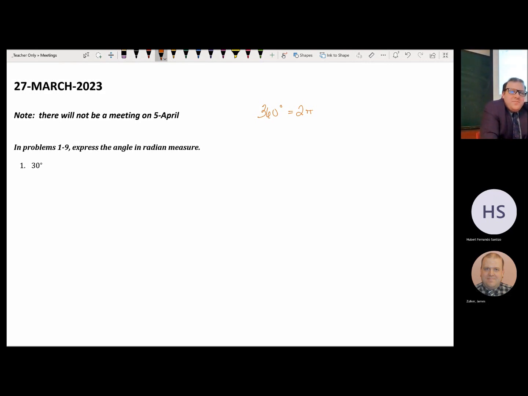What do you use for the radian symbol? Technically, radian is unitless, so you don't write it. 360 degrees is 2 pi. 180 degrees is equal to pi.